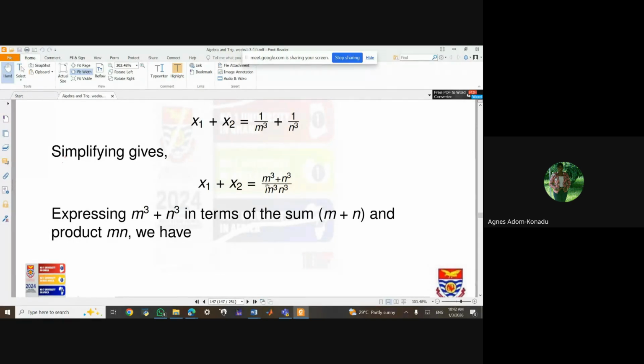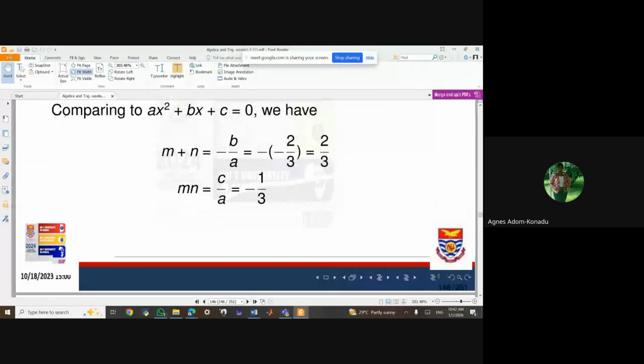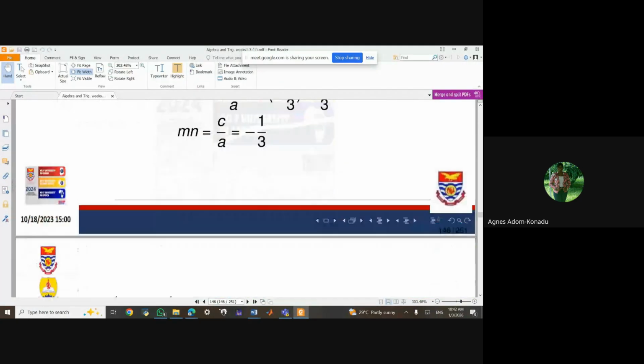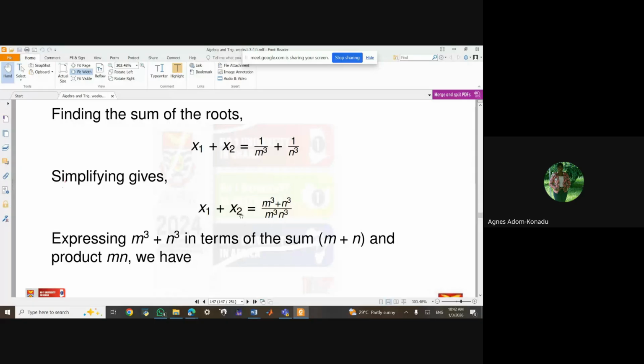Now I want to express m cube plus n cube in terms of the sum and the product, because here I have the sum and the product, but I don't have m cube and n cube.